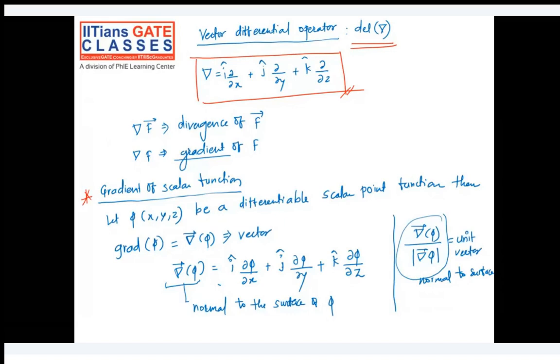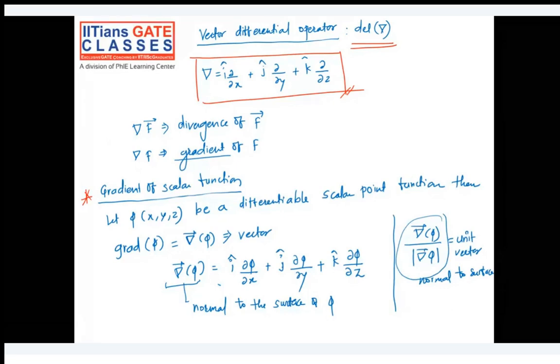Basically the gradient means the differential operation we are performing. So del f means the gradient of f, where f is a scalar point function.